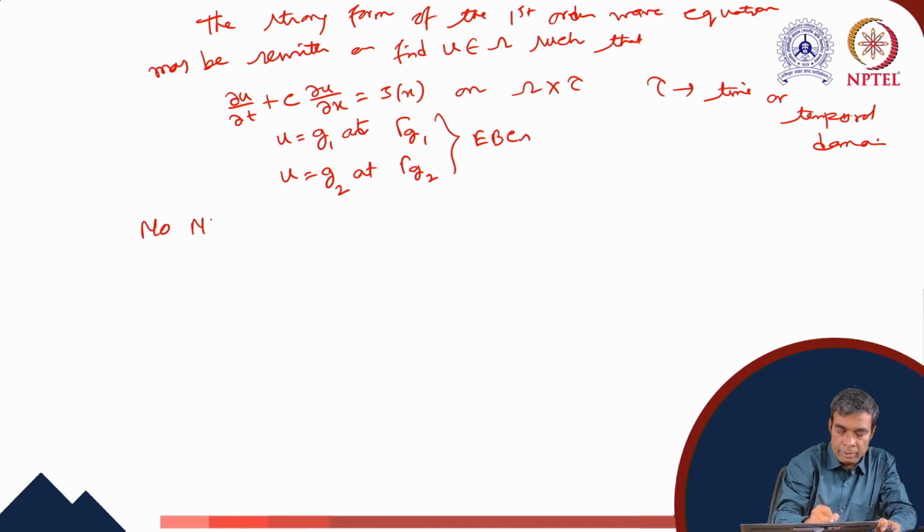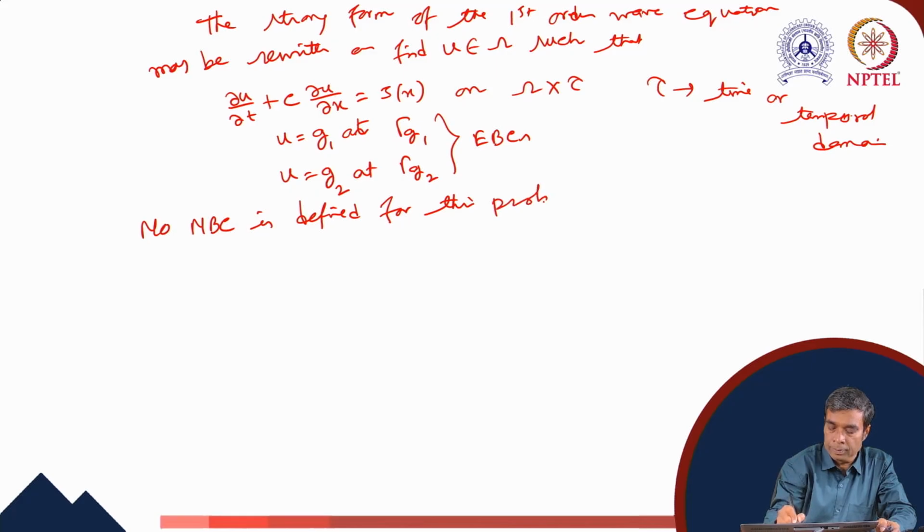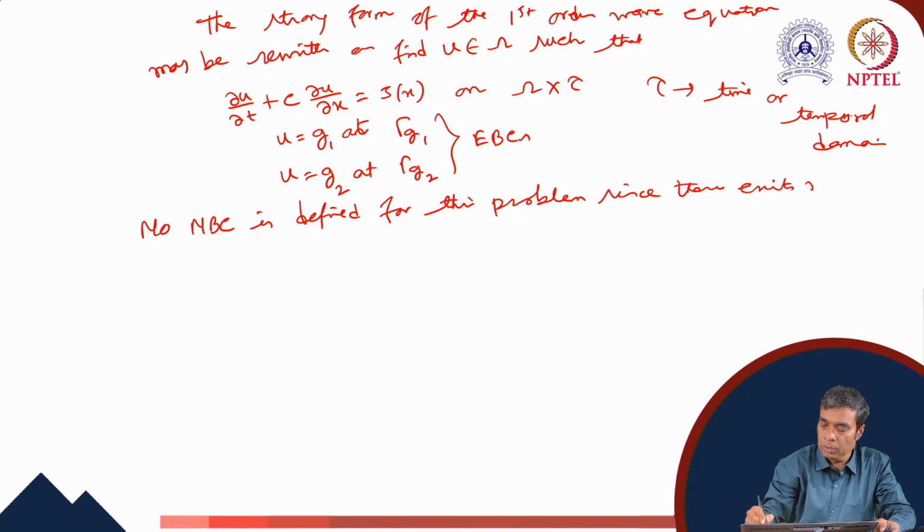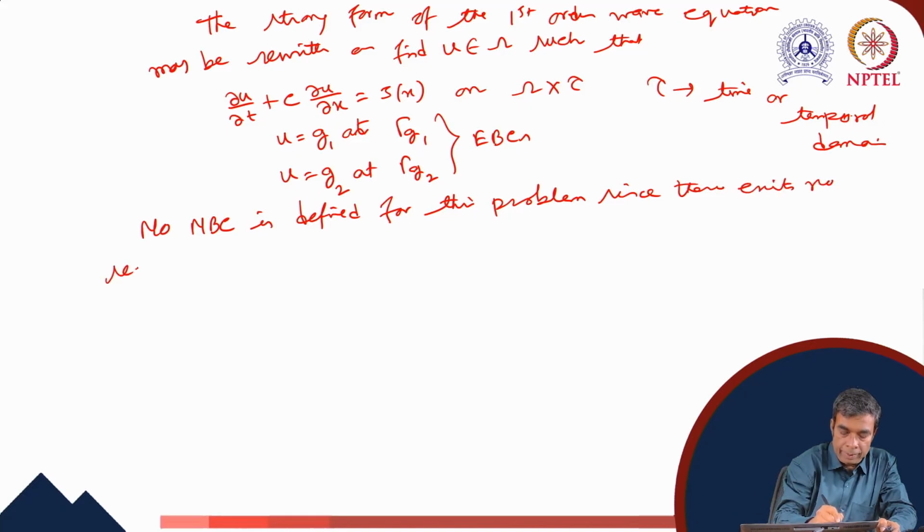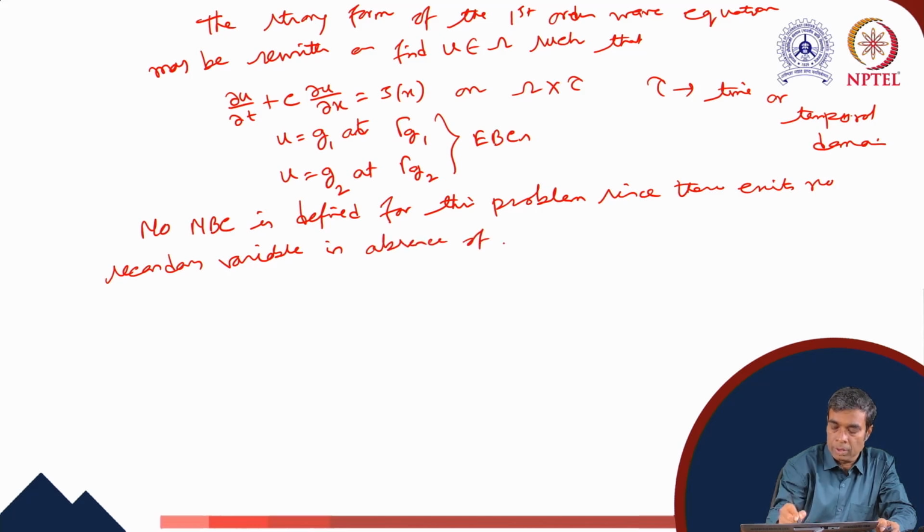No NBC is defined for this problem since there exists no secondary variable in absence of the diffusion term.